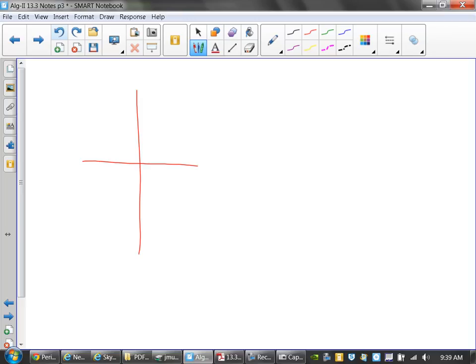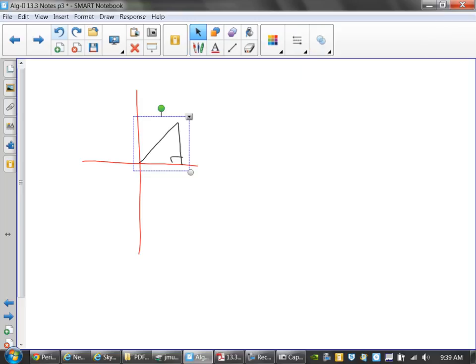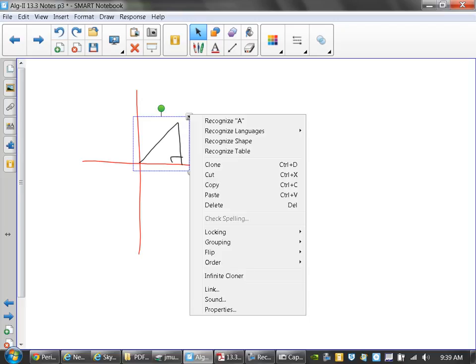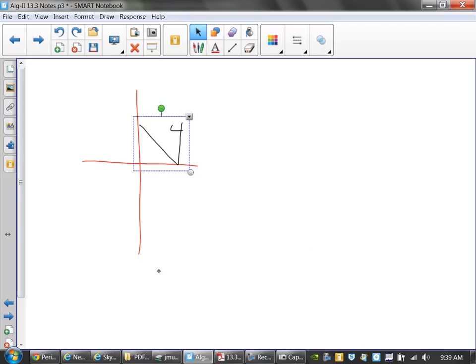Remember when I drew this, and then we went around and flipped it all the way around? So as you flip this around, I'm down here now. I want to clone it and put it back up top so you can see this.